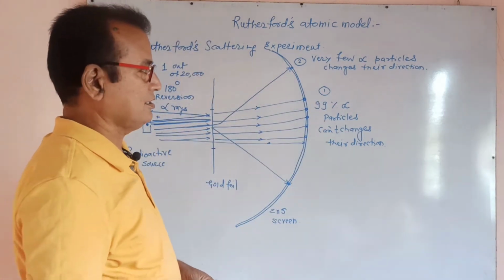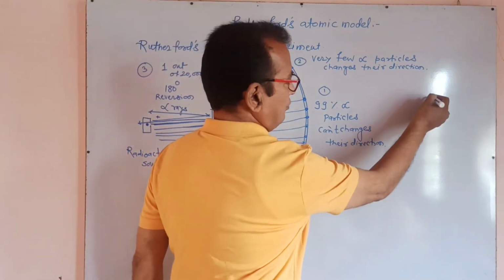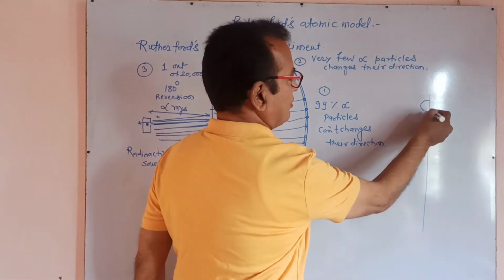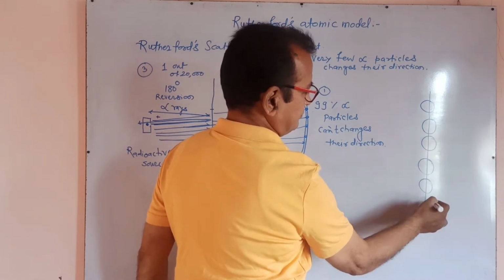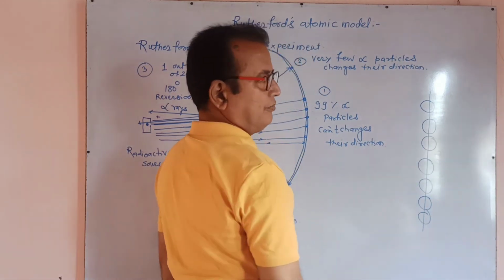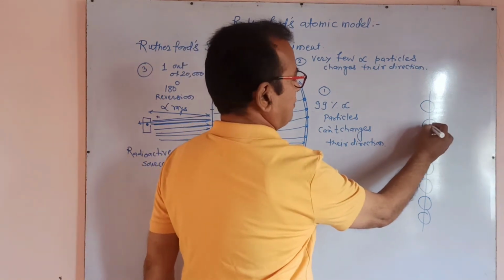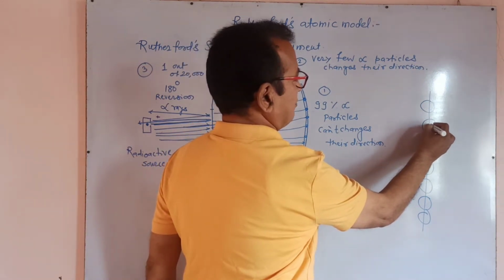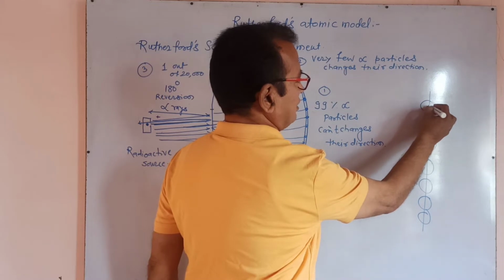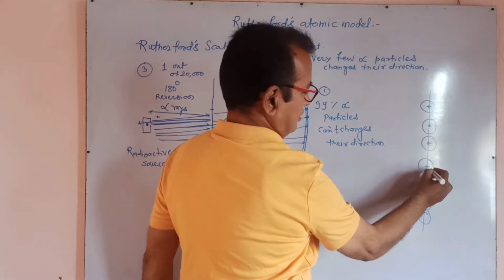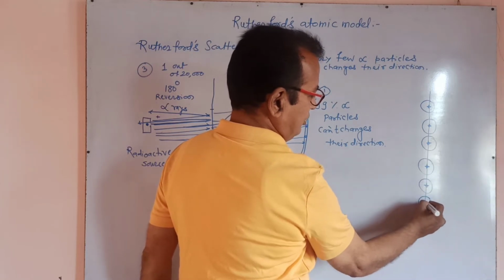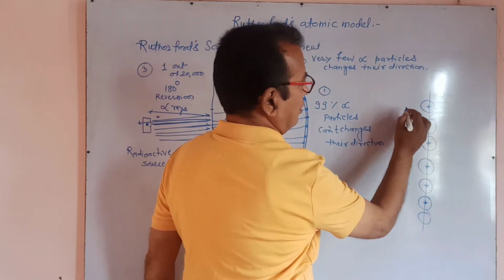It means that suppose this is a gold foil. Gold foil consists of a number of atoms, so many atoms are there. Imagine this is the center part, a positively charged region. He stated that it is the nuclear part, the central part.